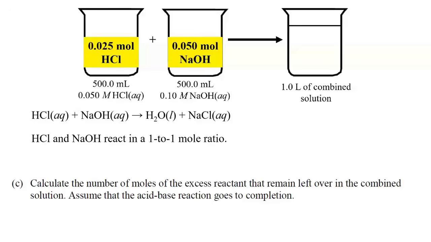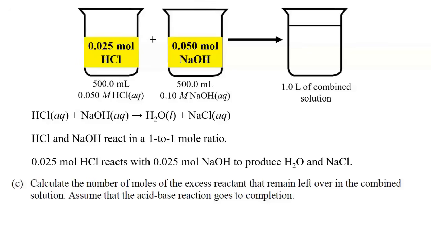But since these are not present in the two separate beakers in an equal amount of moles, the chemical that's going to be left over is the one that has a larger number of moles. So 0.025 is less than 0.050. There's going to be excess sodium hydroxide present in the combined solution at the end of the experiment.